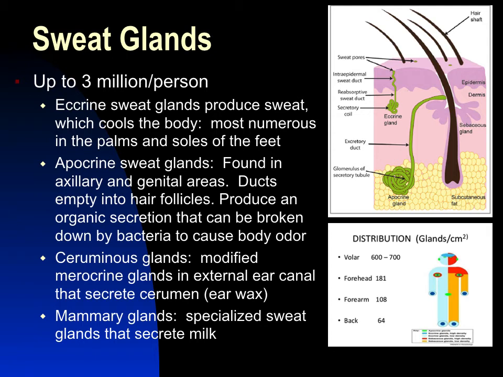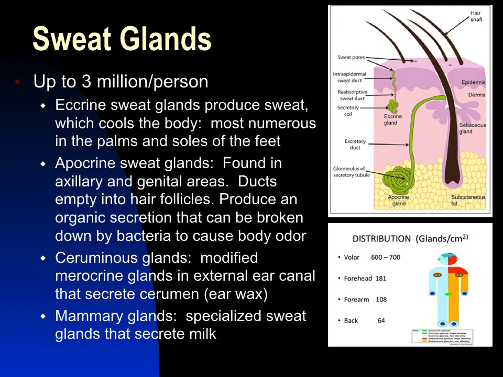Then in certain parts of the body, there are apocrine sweat glands, and these sweat glands are located deeper into the dermis and in the hypodermis, and they empty into a hair follicle and onto a hair.